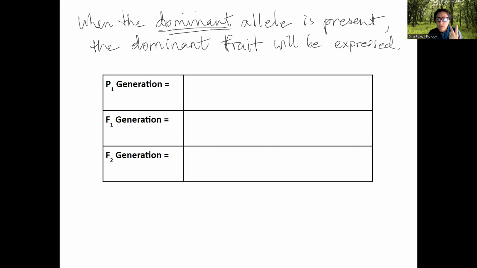You can get the dominant one in both, or you can get two recessives. So the version of the gene that you get is called an allele. Sometimes you get a dominant version, sometimes a recessive version. But if you inherited one of those dominant packages of DNA on that gene, then you're going to express that dominant trait.